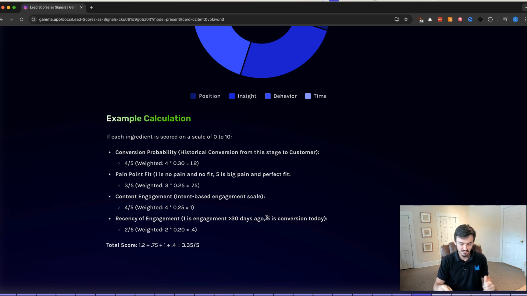For one of our clients, it was as easy as identifying this recency of engagement stat and then focusing on that in order to increase conversion by a lot. We were talking about an average time to respond from about 7 days down to hours.